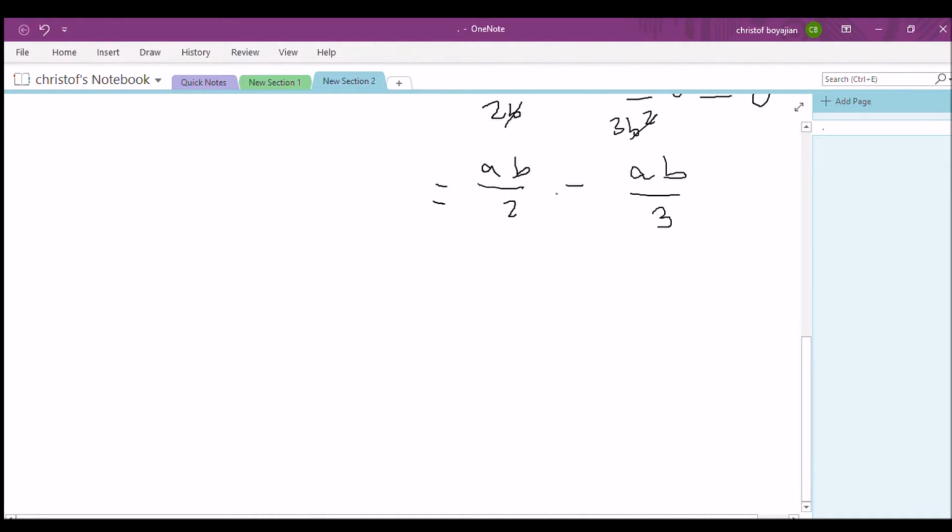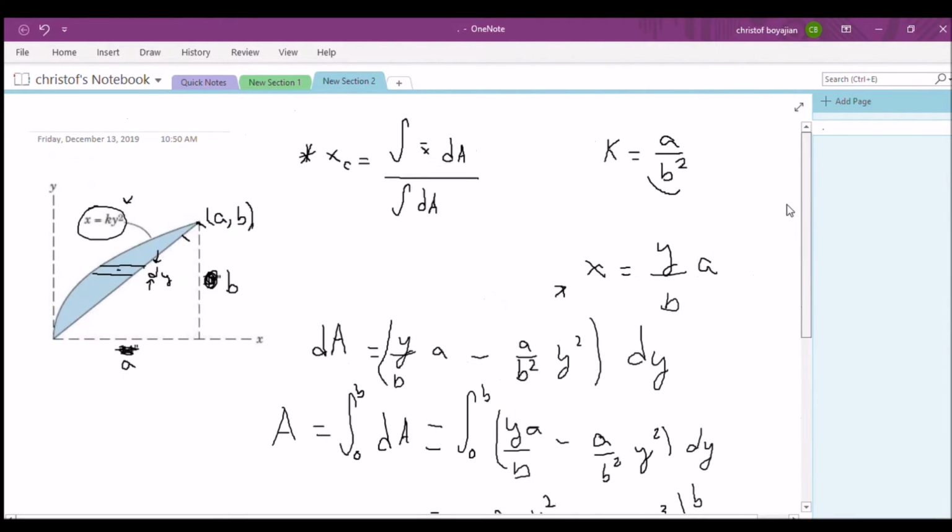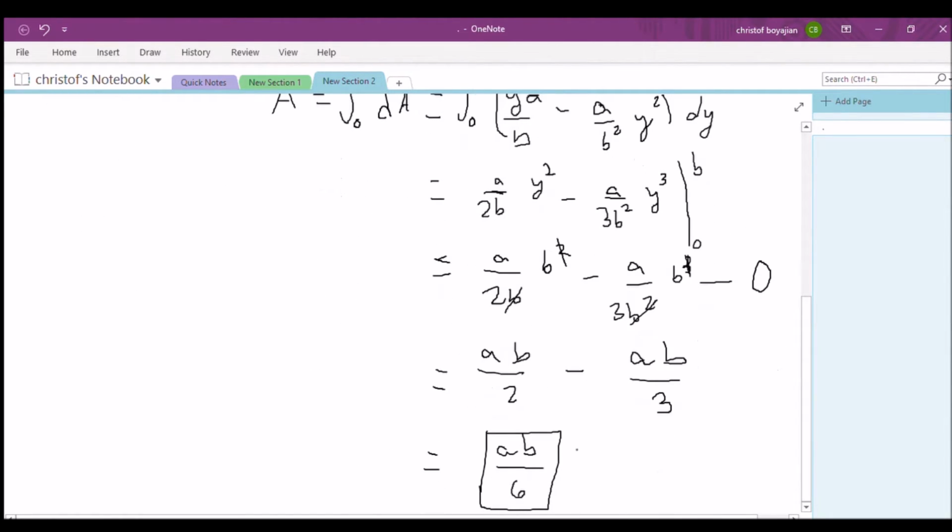If we combine common denominators, we should end up getting ab over 6. Now I'll leave the algebraic steps to you, just for the sake of time. This is the result of our dA. So that's our total area of this whole thing right here, okay? So this is our integral of dA, so we're going to need that later.